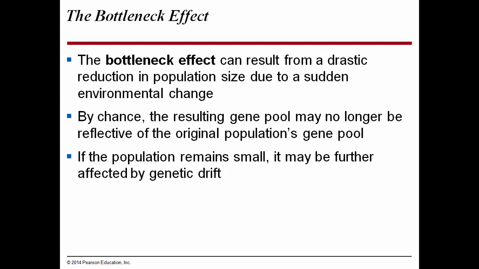The bottleneck effect can result from a drastic reduction in population size due to sudden environmental change. By chance, the resulting gene pool may no longer be reflective of the original population's gene pool. If the population remains small, it may be further affected by genetic drift.